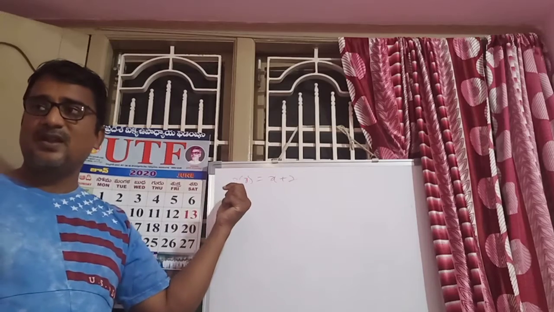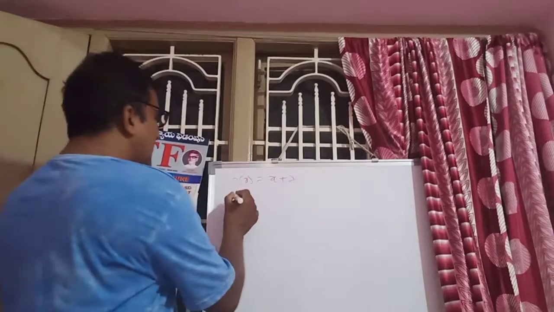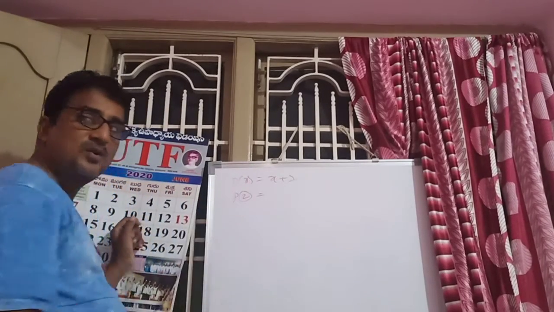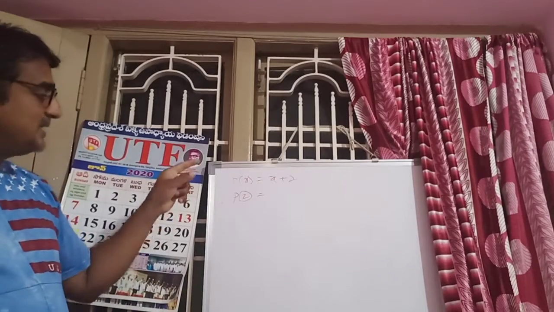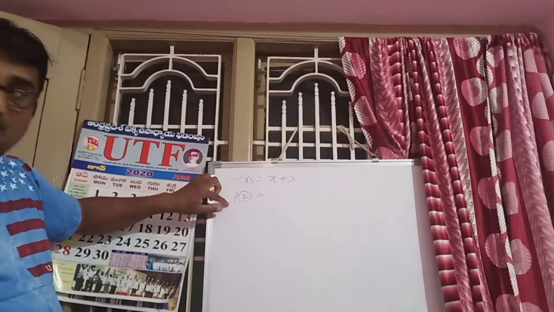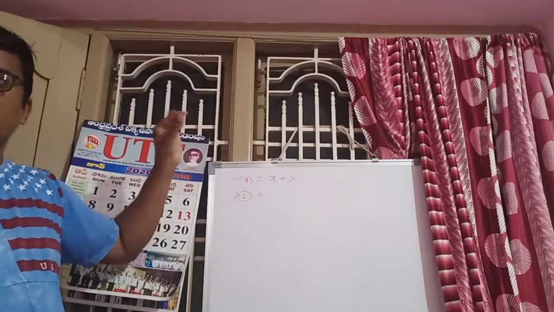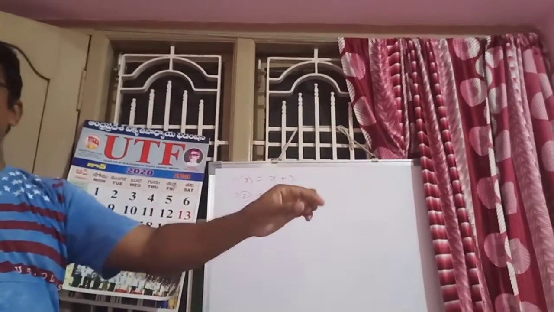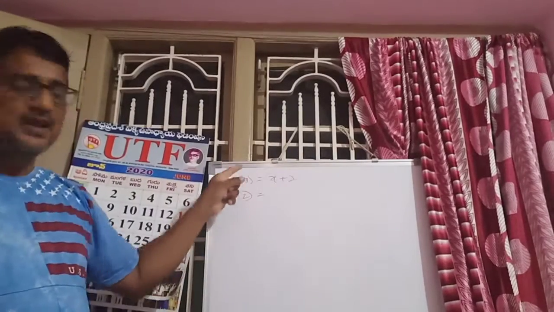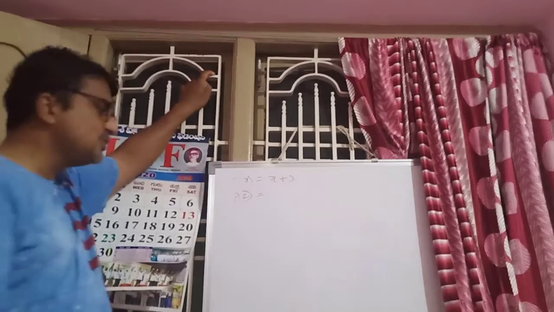P means polynomial. In this polynomial the variable is x. Suppose I am asking P of 2. P of 2 means in place of x you put 2. P of x is the polynomial of the variable x, P of y is the polynomial of variable y, P of c is the polynomial of the variable c. P of 2 means in place of x you put 2. Then what is the value? 2 plus 2, the value is 4.